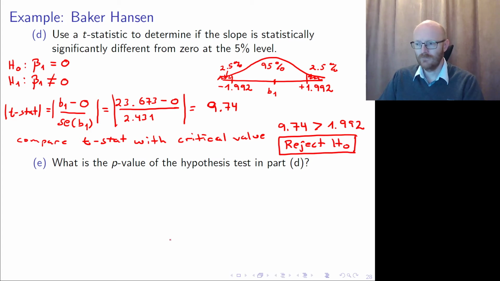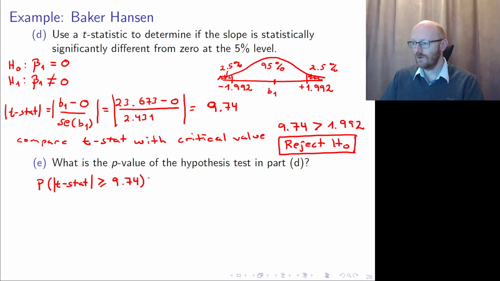Okay? So, what is the p-value of the hypothesis test in part D? Well, the p-value is the probability of getting a t-stat, in absolute value, greater than or equal to the t-stat that we got.